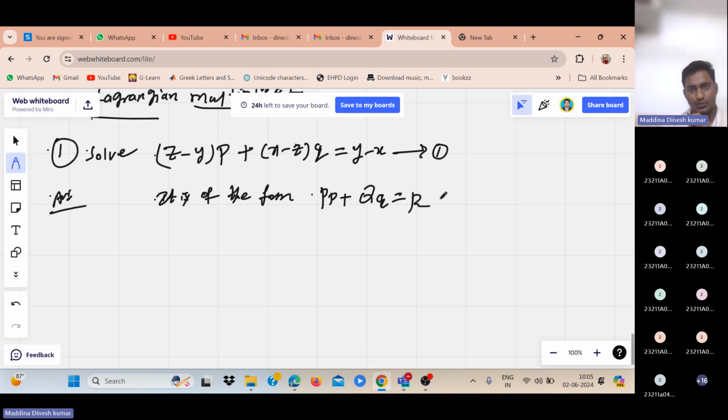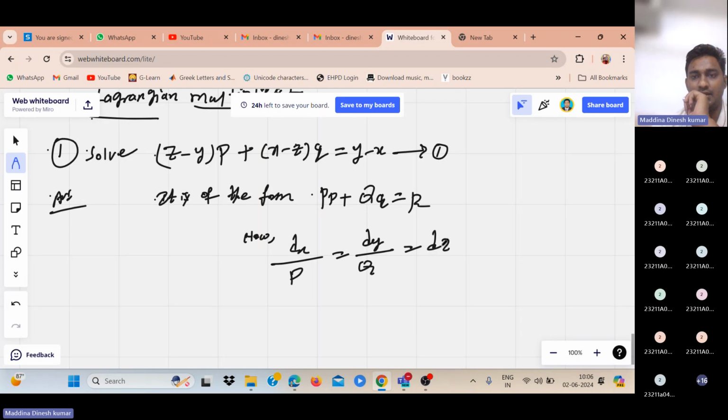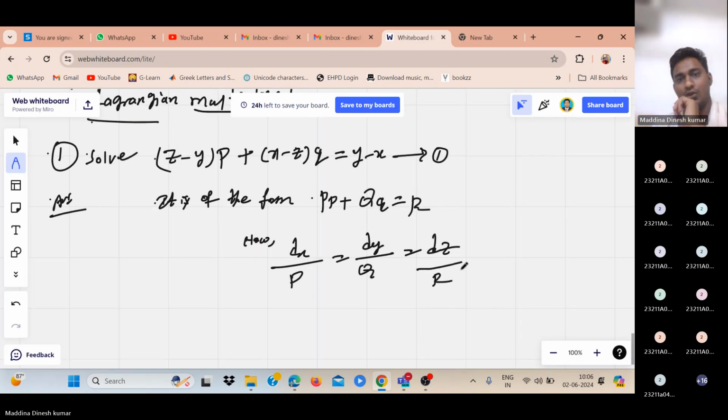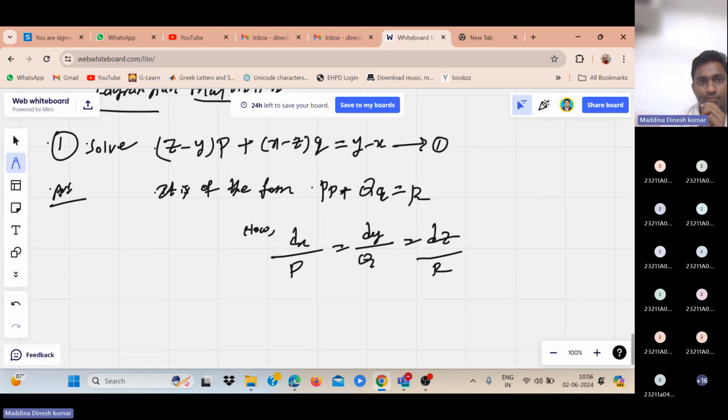Now we will write in this form: dx by capital P, dy by capital Q equal to dz by capital R. Here the small p coefficient is capital P, the small q coefficient is capital Q, and whatever term is on the right hand side is capital R. You need to observe carefully.